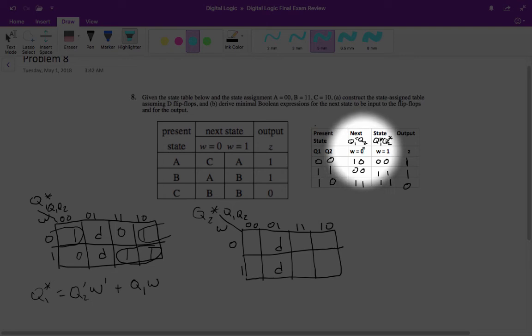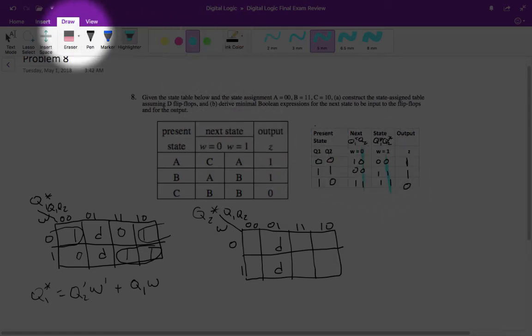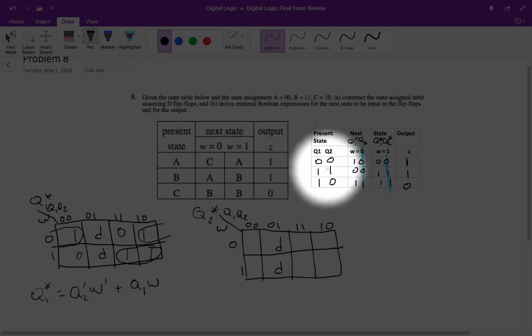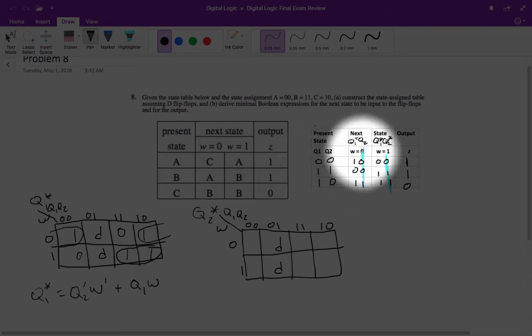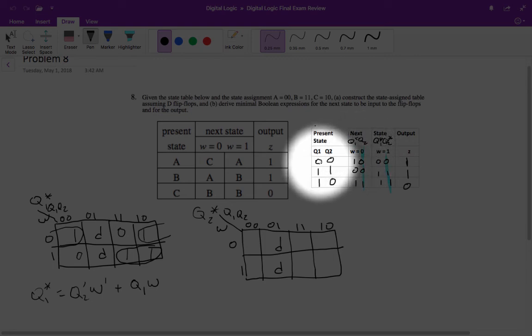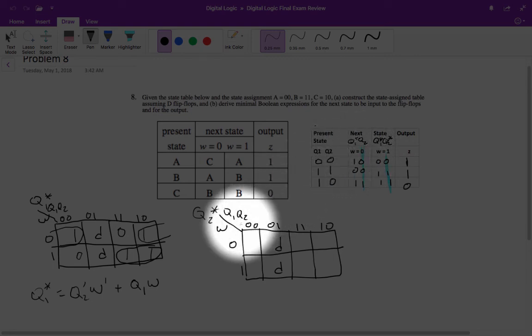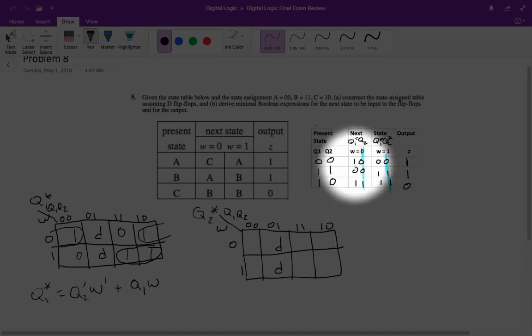And now we're looking at column 2, because that's Q2 star. So when Q1 Q2 is 0 0 and W is 0, Q2 star is 0.